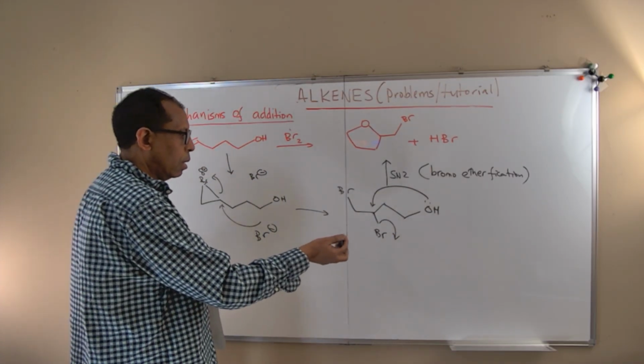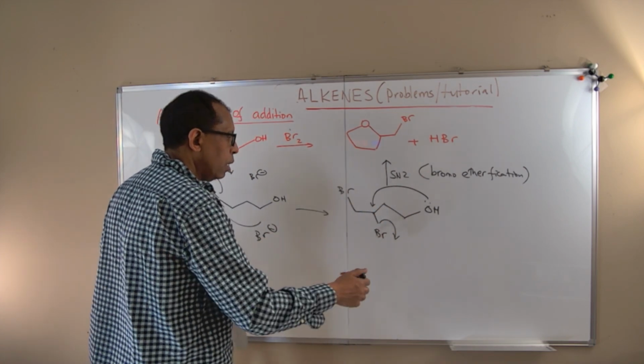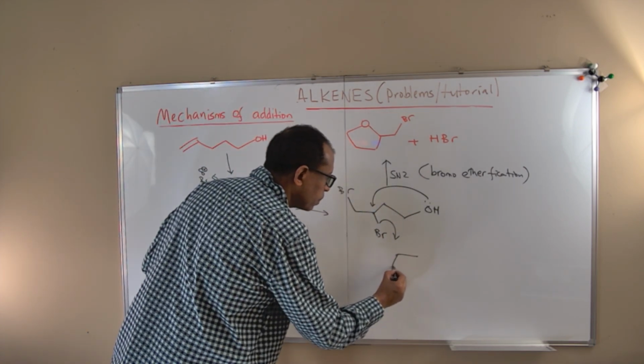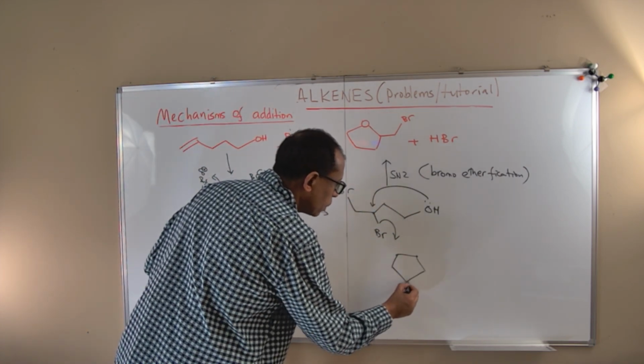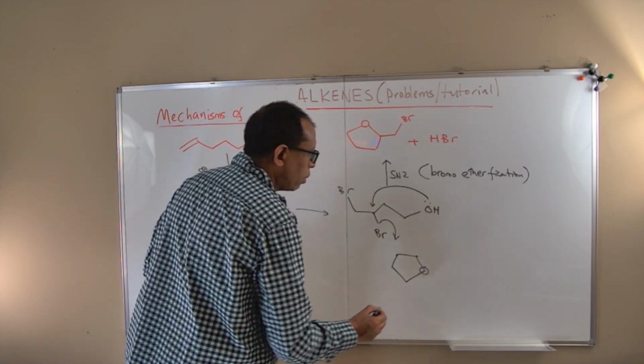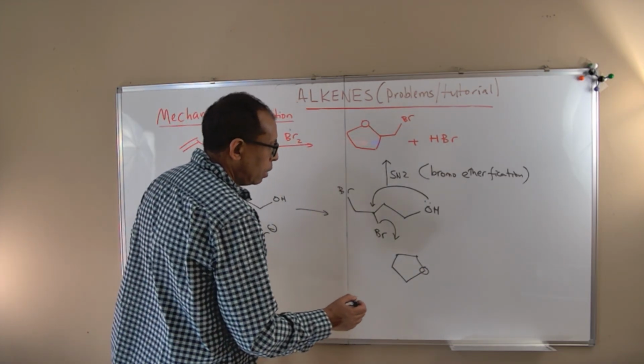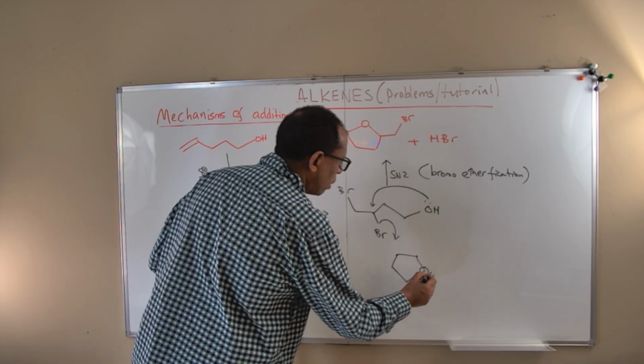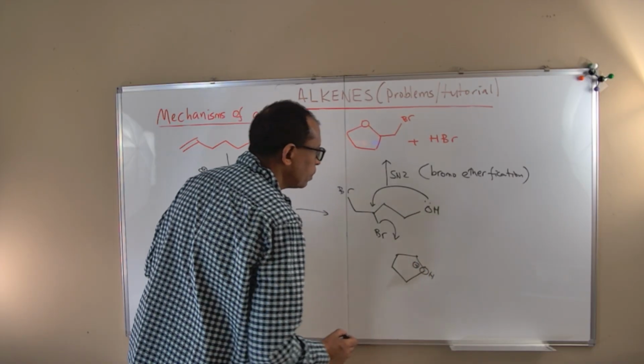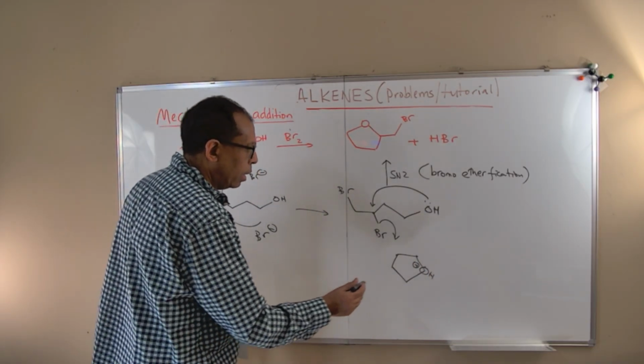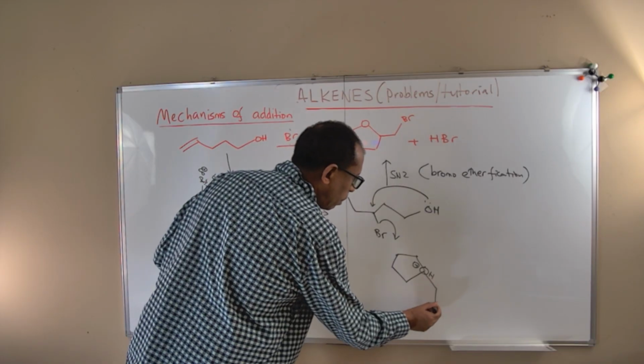Then here you have this O and H, obviously, with a plus, and you have Br minus.